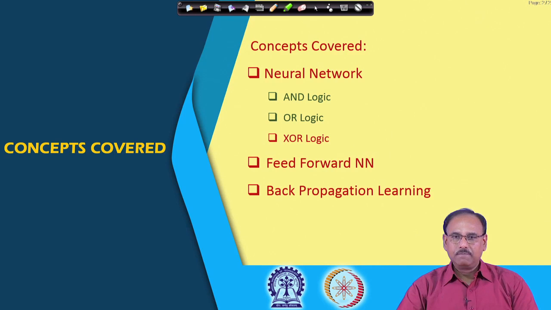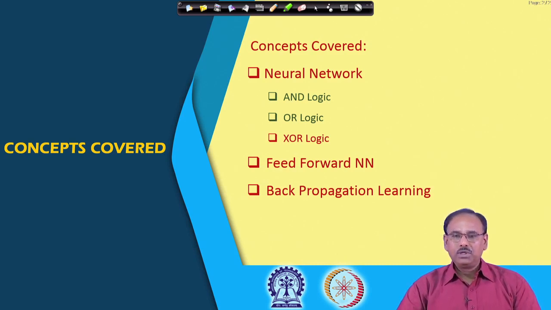We have seen that AND logic and OR logic, both of them being linear functions, can be implemented very easily using a single neuron. A single-layer neuron is known as a single layer perceptron. We will see later why they are single layer perceptrons.